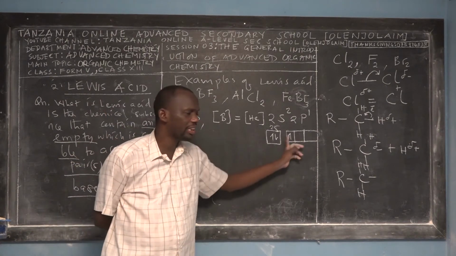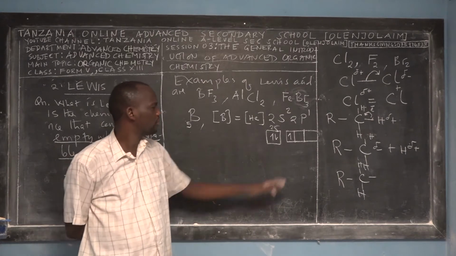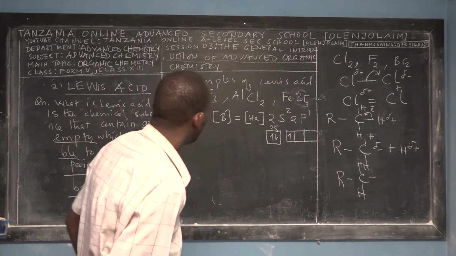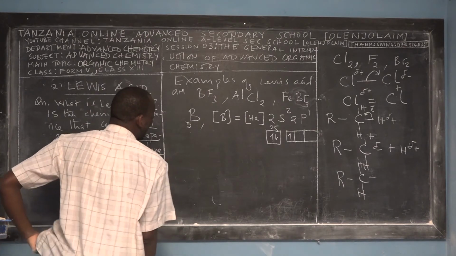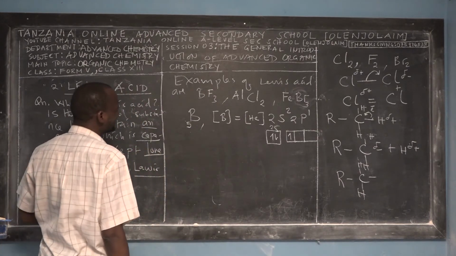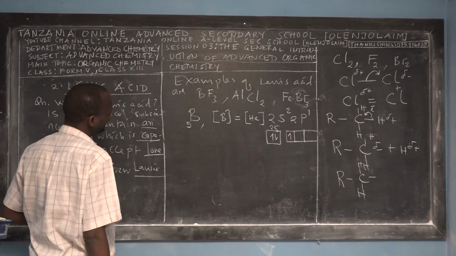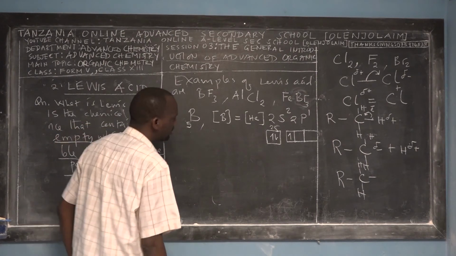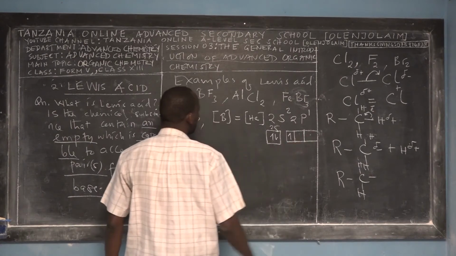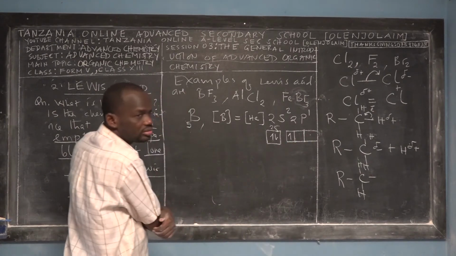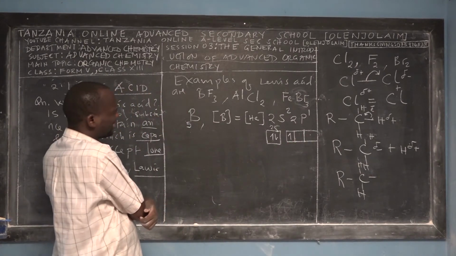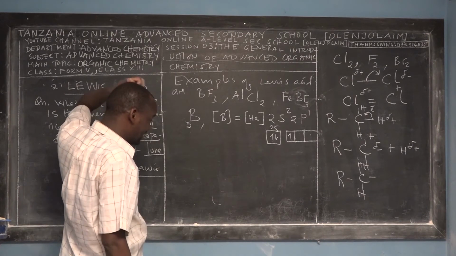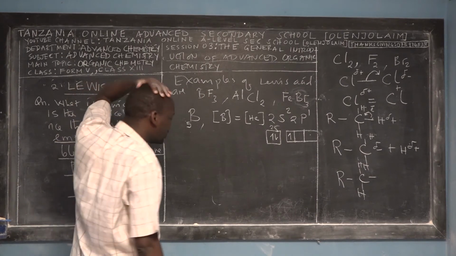Can they accommodate electrons? Yes. Why? Because they are empty. Okay, fine. So then we want to show the tendency of accepting, which means containing empty orbitals. This is the same for chlorine.